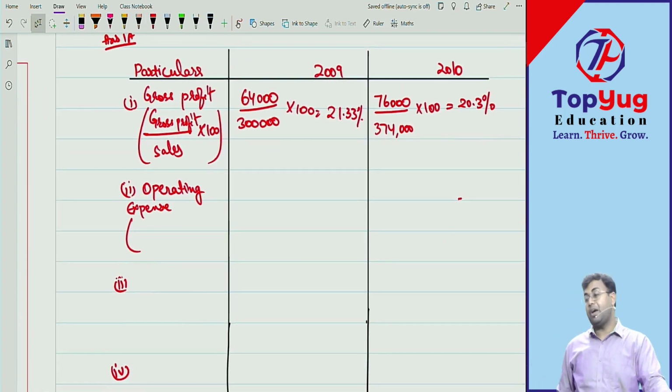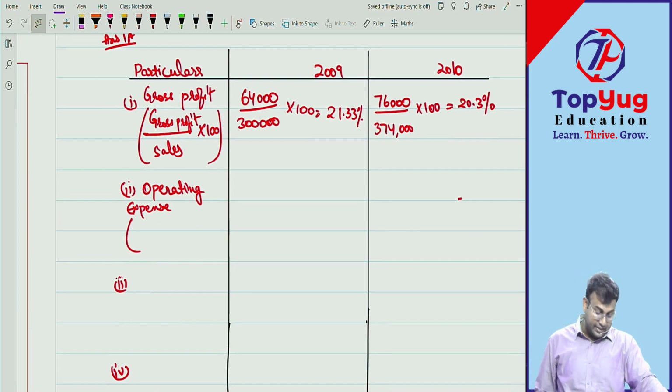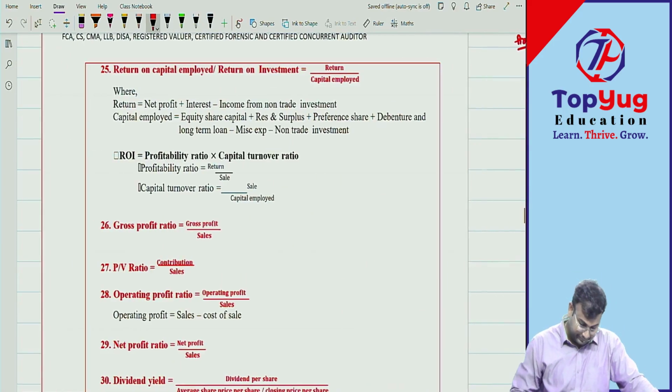Or else you should have the capability of dividing it further. What is operating expense in our case? We have to calculate how much it will be. 49,000 would be my operating expense.